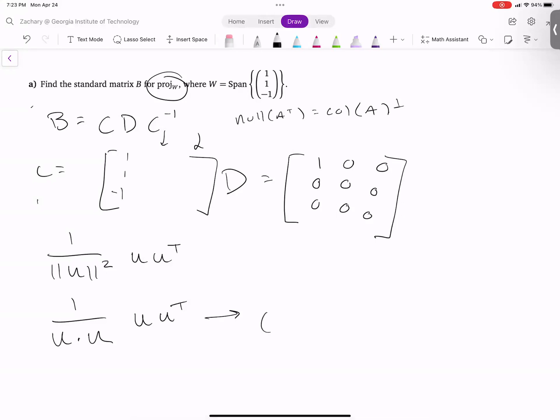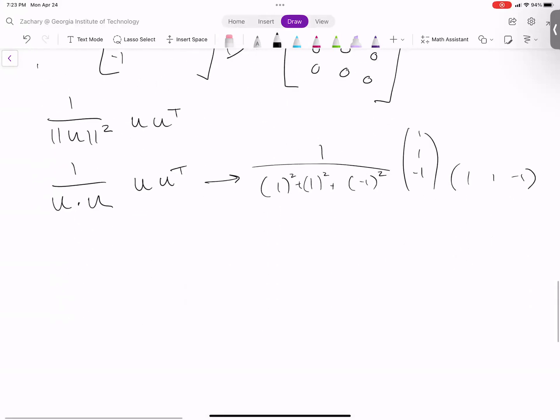So that's 1 squared plus 1 squared plus negative 1 squared, over the matrix product of 1, 1, negative 1 times 1, 1, negative 1. Okay. So when we work this out, we obviously get 1 over 3 times the matrix 1, 1, negative 1, 1, 1, negative 1, negative 1, negative 1, 1.